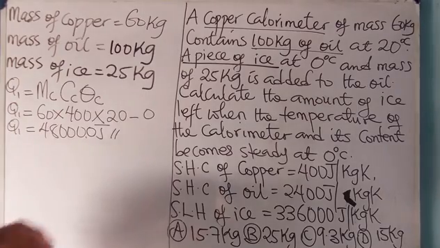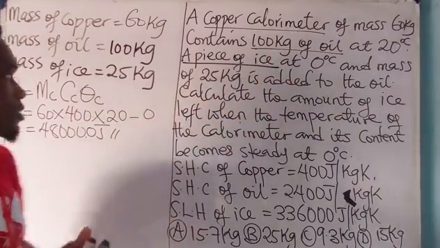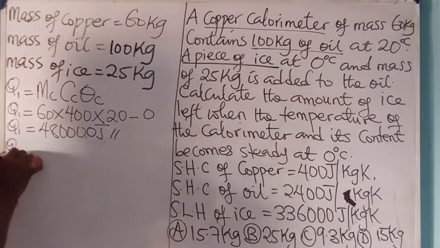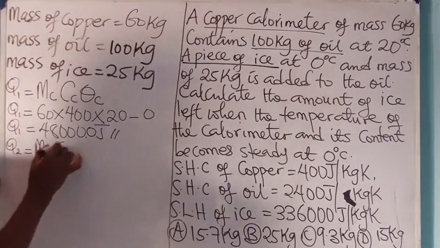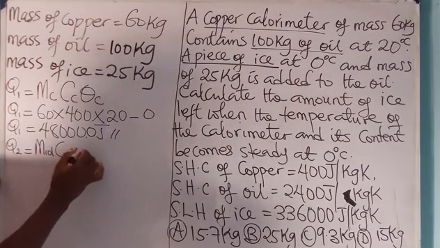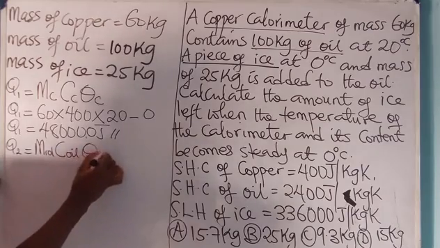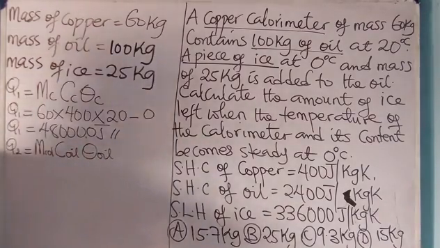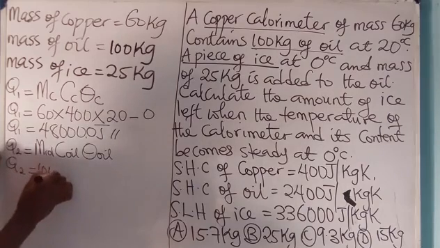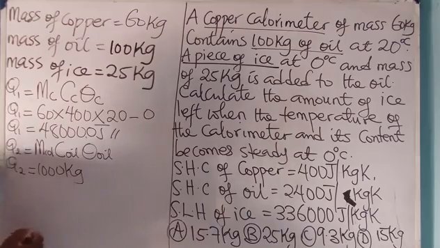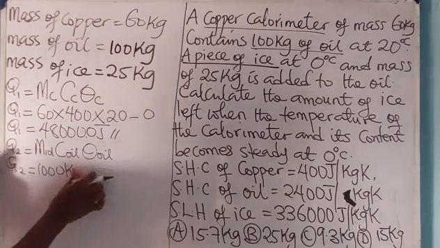Now, the next one is going to be the heat lost by the oil. So I'll say Q2. Q2 is equal to the mass of oil times the specific heat capacity of oil times the temperature change of oil. The mass of oil given was 100 kg. There's no need to write this kilogram.